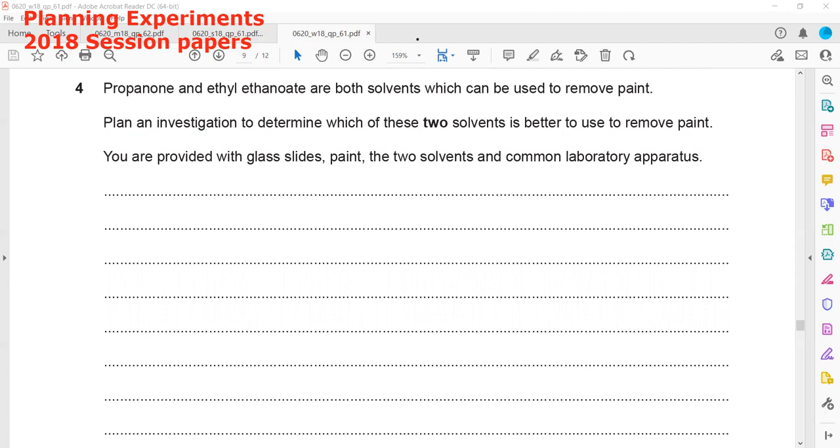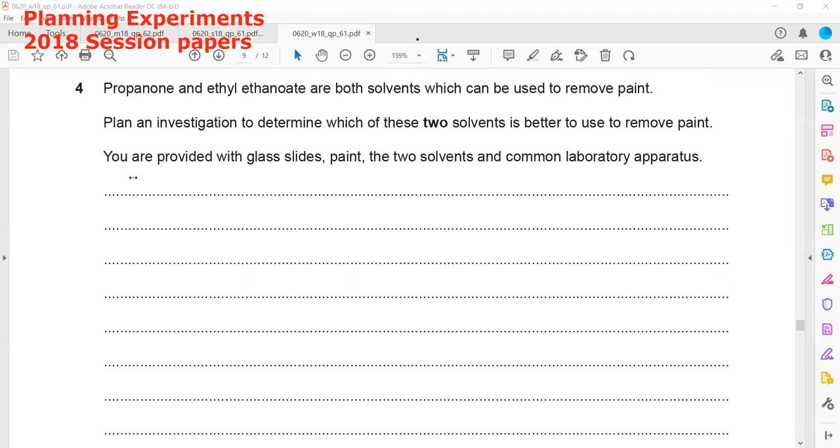And then after removing the solvent from it, we'll measure what mass or what size of paint or how much coating is being removed. This is one way. Or the second way, you will apply paint on two different slides and add solvent until the paint is completely removed. The one which requires a smaller quantity of solvent to remove the paint, it means that is better to use.